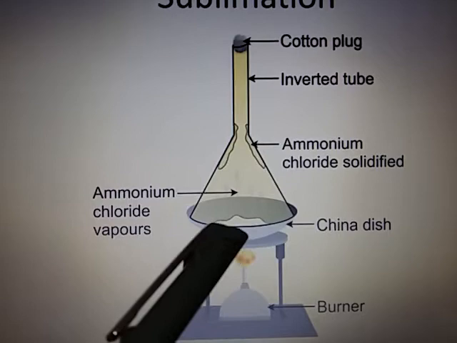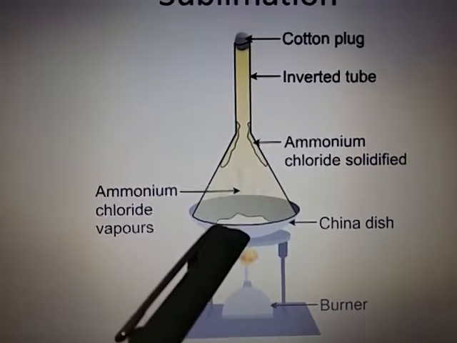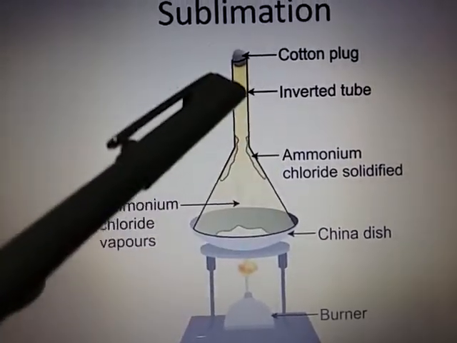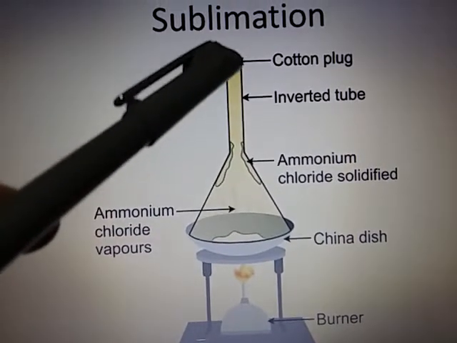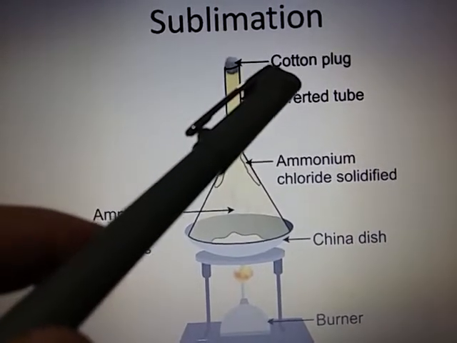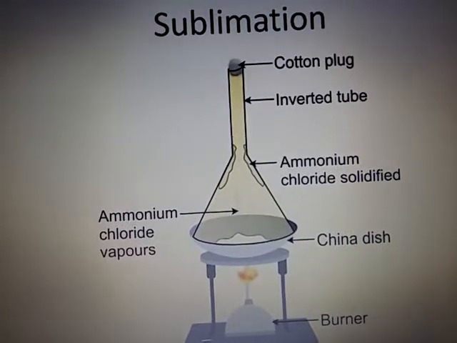So here you take the mixture of salt and ammonium chloride, and then one inverted funnel, and the stem of the funnel, this opening, is closed with the help of a cotton plug, right?